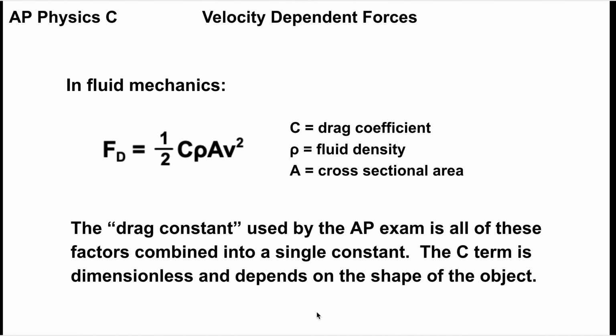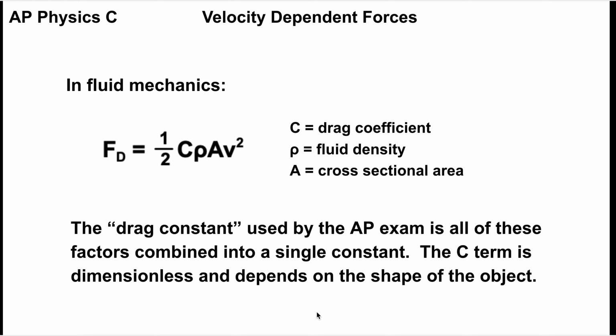Going a little deeper into this, in fluid mechanics, when we have a quadratic dependence of force on velocity, we see that the magnitude of this drag force is 1/2 c rho a v squared. c is a drag coefficient.